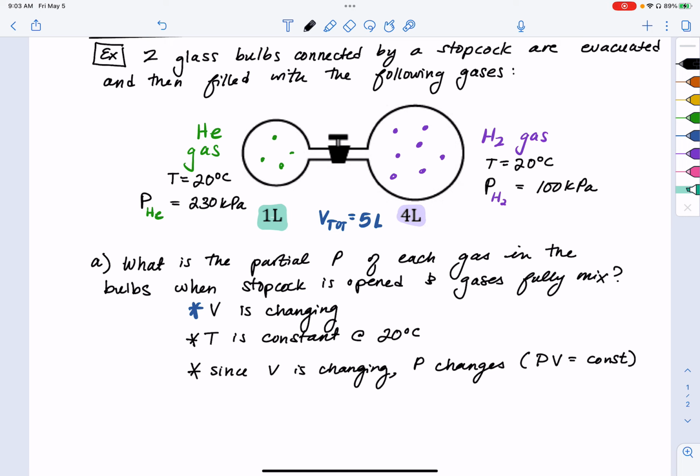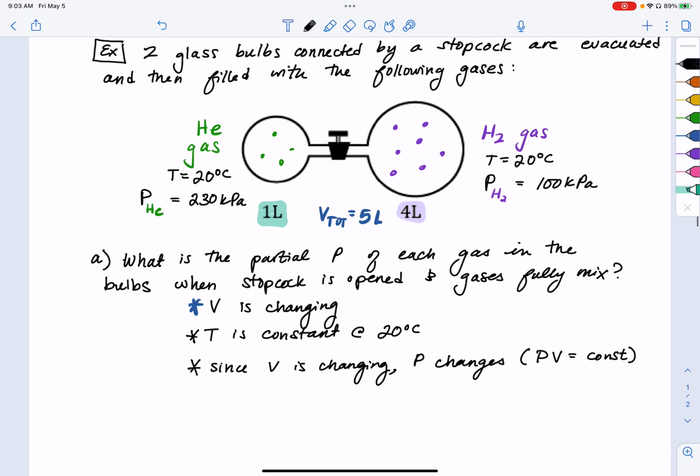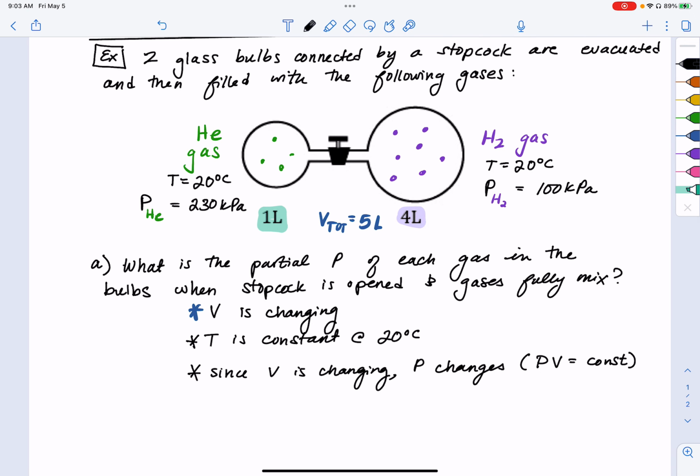Okay, what else is changing or perhaps not changing? So what else is constant? Remember, when we're talking about the pressure of a gas, we have to consider not just the volume the gas occupies or the temperature at which the gas exists. We also need to consider how much gas we have.